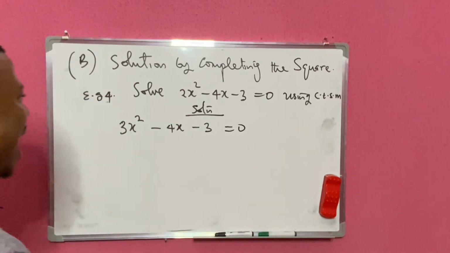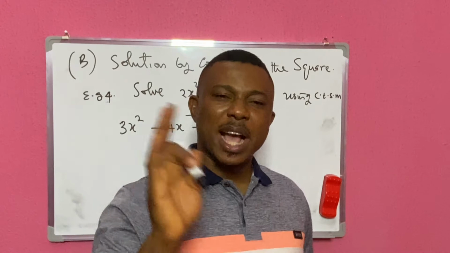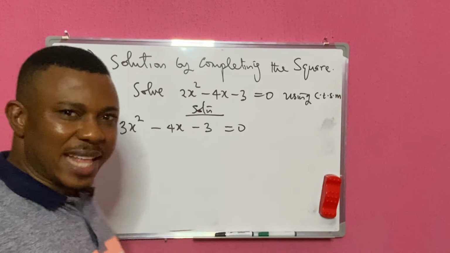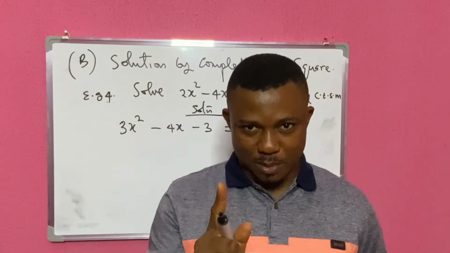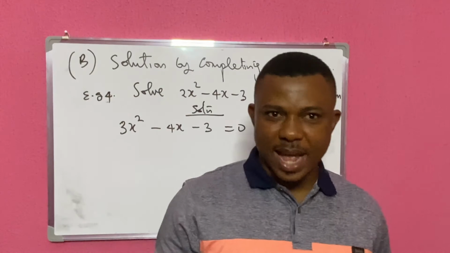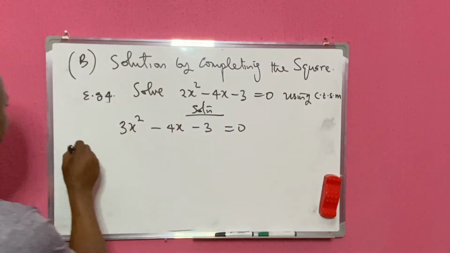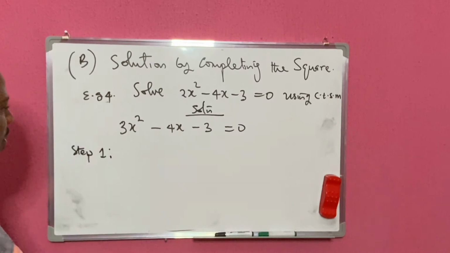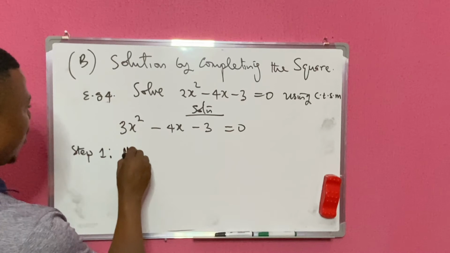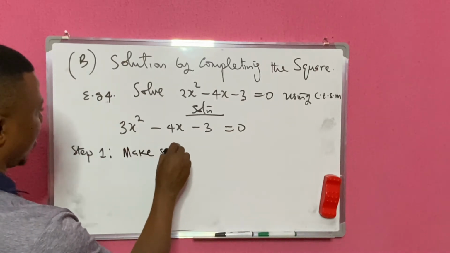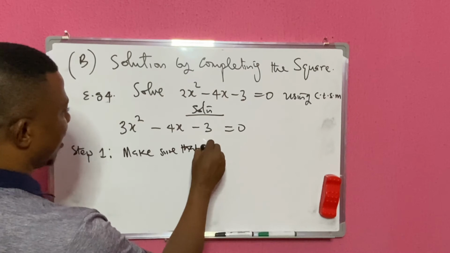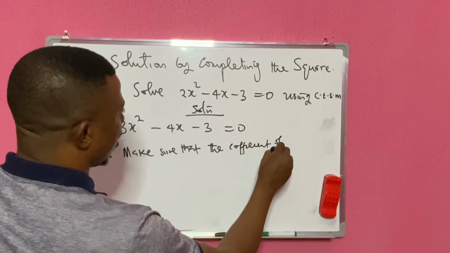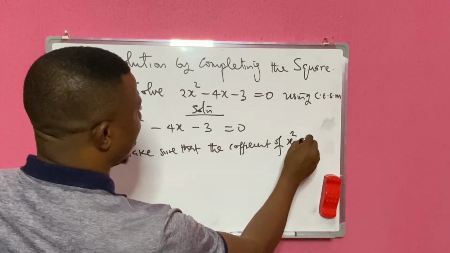The first thing you are going to do is to make sure that the coefficient, okay, let me write it step by step for the first example. Second example, I will not write step by step. Step 1: make sure that the coefficient of x squared is 1.